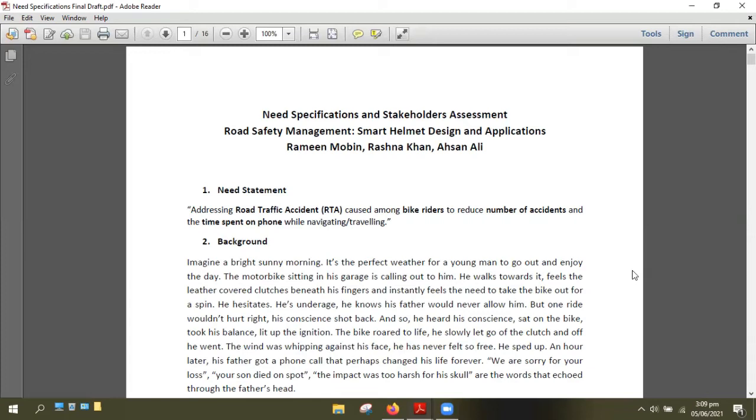Right. So we looked at different statistics and identified that, due to COVID, this is one of the major problems that we should look into and try to come up with some solution.